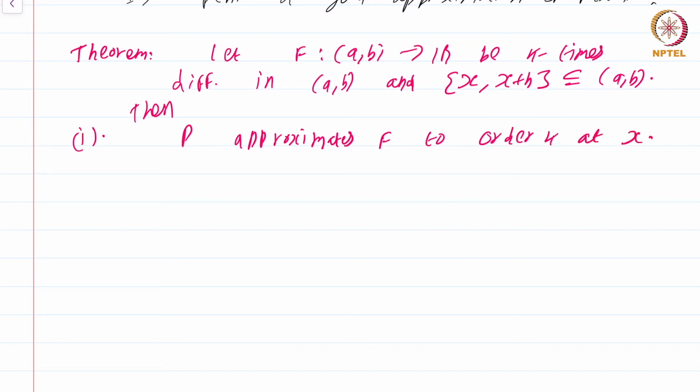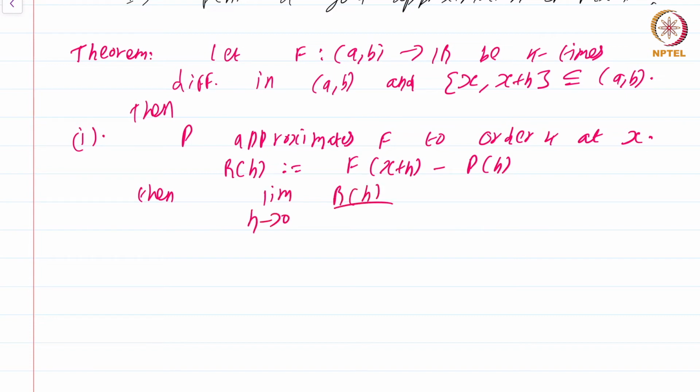What does this mean? This means if you define r of h to be f of x plus h minus p of h, then the limit as h approaches 0 of r of h by h to the k converges to 0.